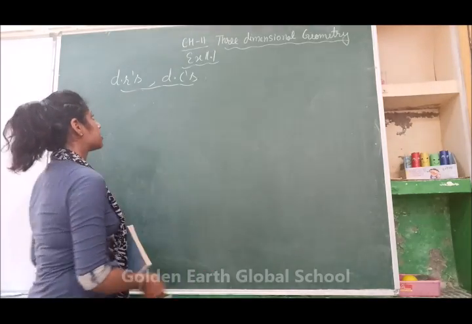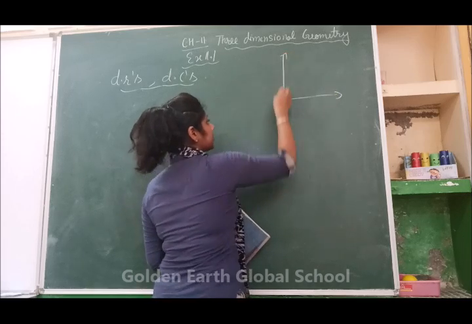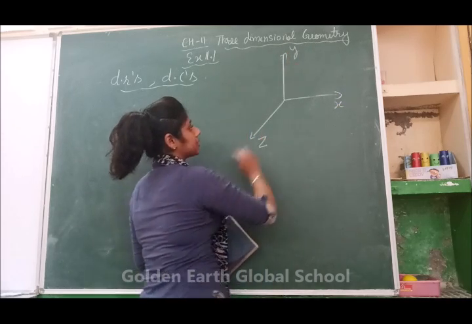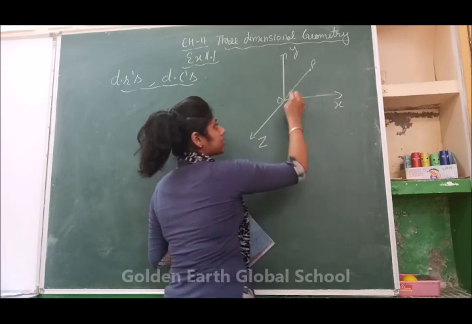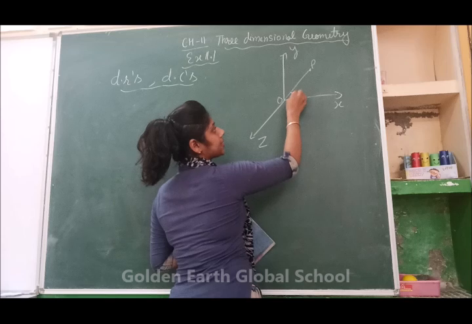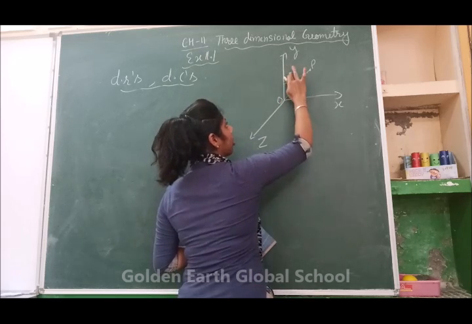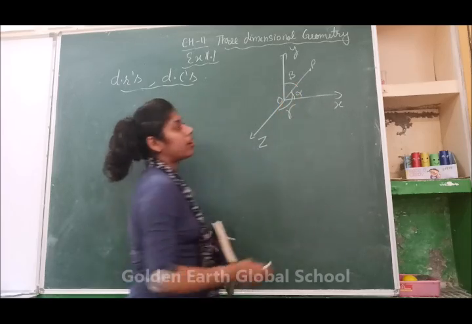There are three axes: x-axis, y-axis and z-axis. Any vector makes angles with the x-axis, y-axis and z-axis: alpha, beta, gamma.